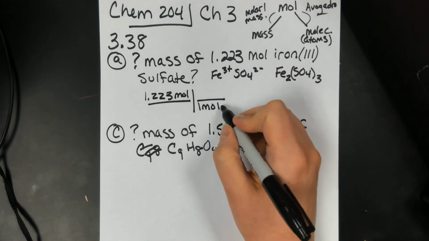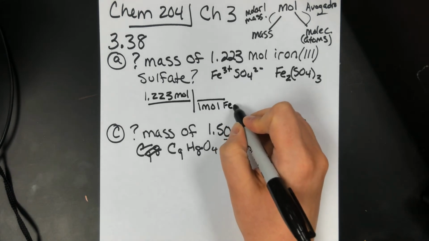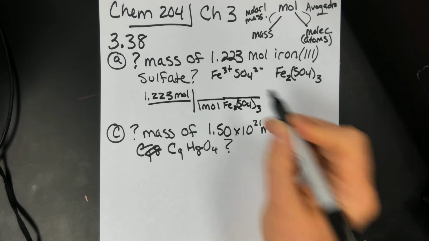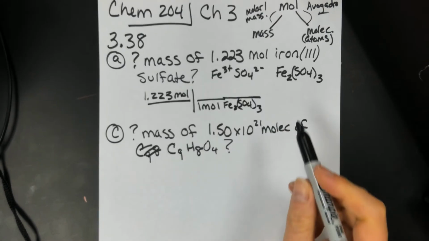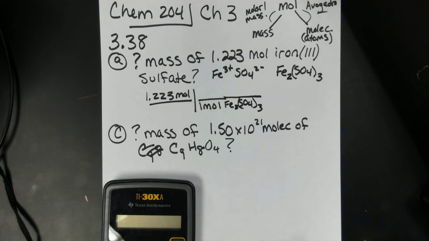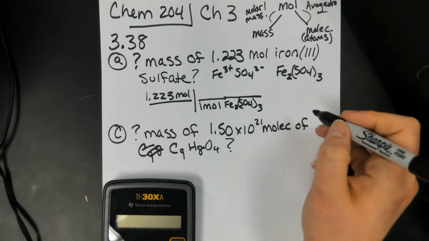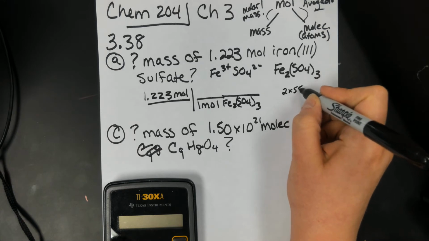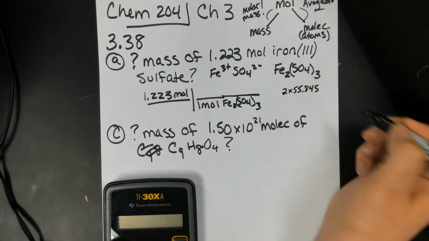Oh, well, I'm going to have to actually calculate it out. 1 mole of Fe2(SO4)3. Okay. How many grams is that? So I need to use my calculator to figure that out. Fe, if I look at it on the periodic table, is 55.845. So it's going to be 2 times 55.845 for the Fe.